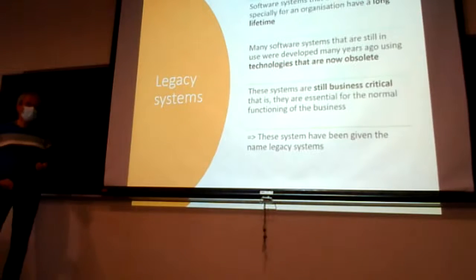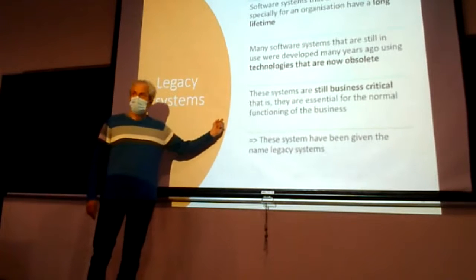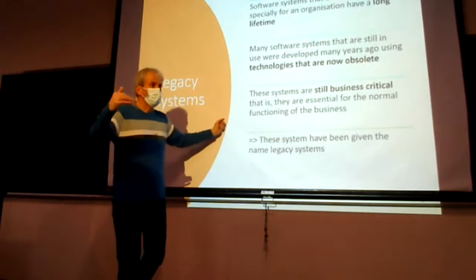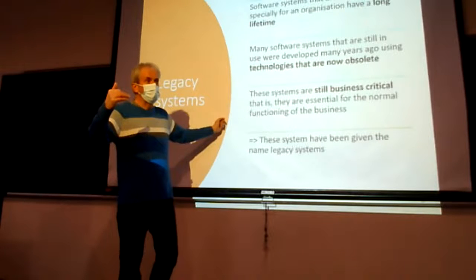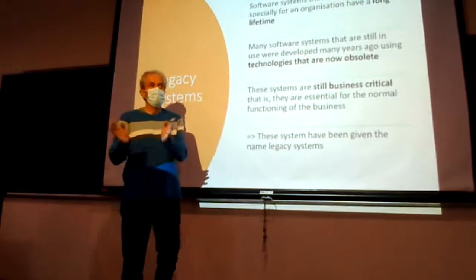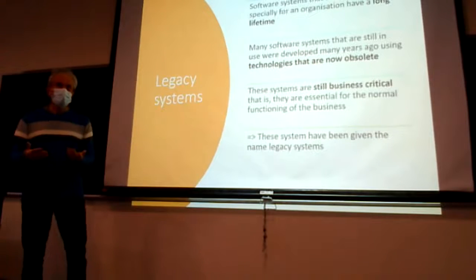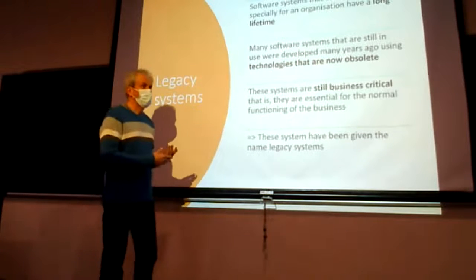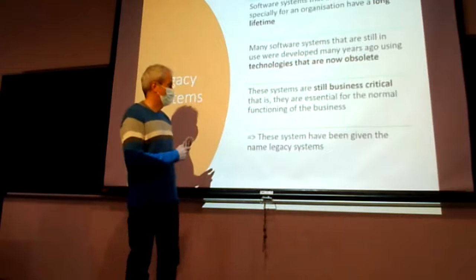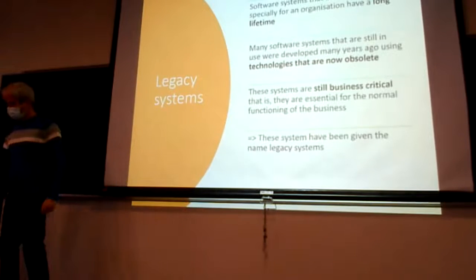But they are typically also business critical. So what it means is we cannot just retire them and not replace them. We have to think about something to replace them. So it's not just giving up on the system, right? We have to find an alternative. And then how do we implement the alternative? How do we deal with the alternative? So that's actually referring to the legacy system.